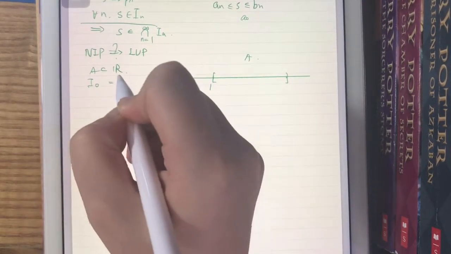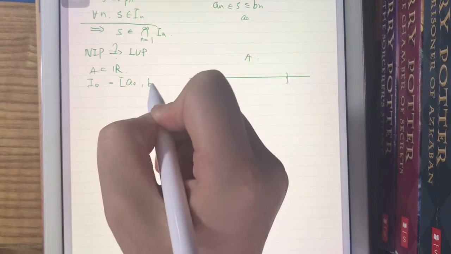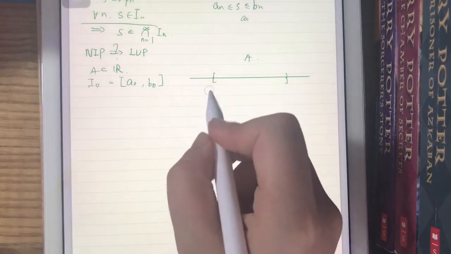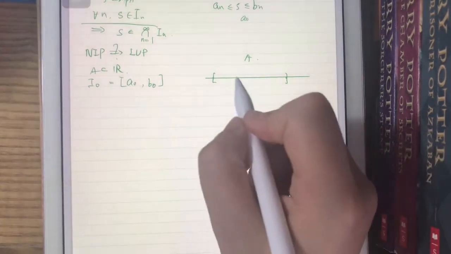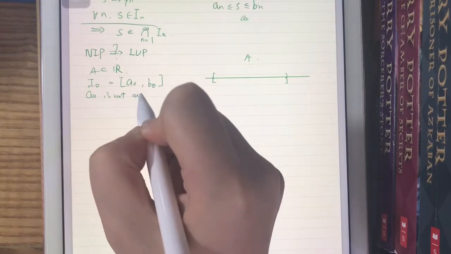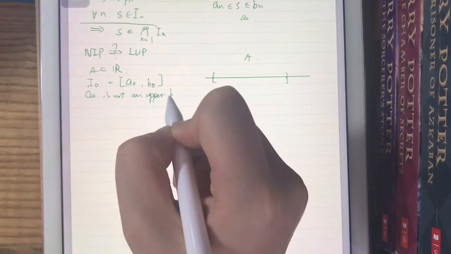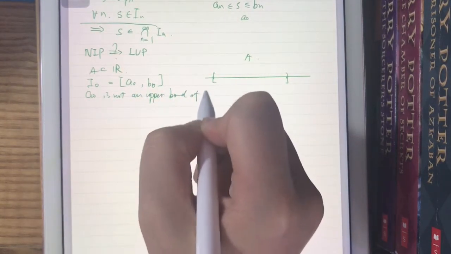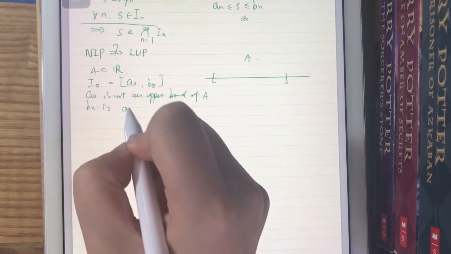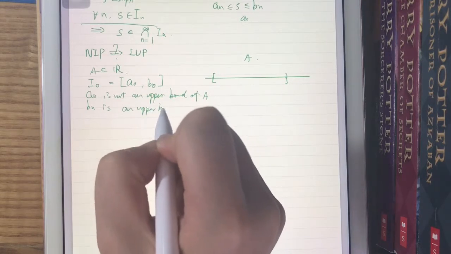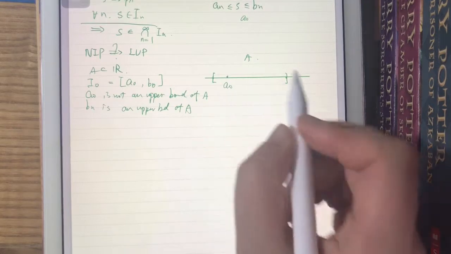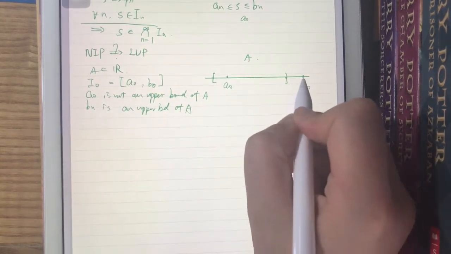I naught be A naught to B naught. But how are we gonna choose A naught and B naught? Well, we guarantee that A naught is not an upper bound of A, and B naught is an upper bound of A. Say A naught, B naught.